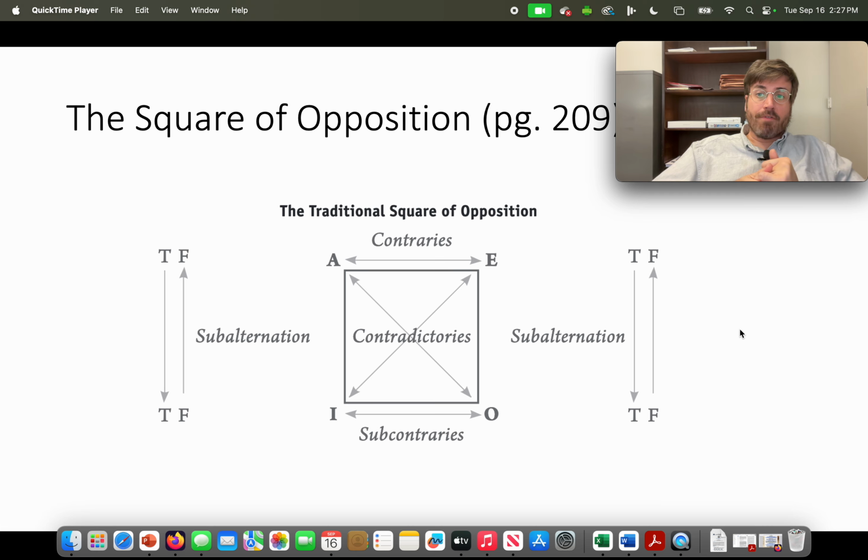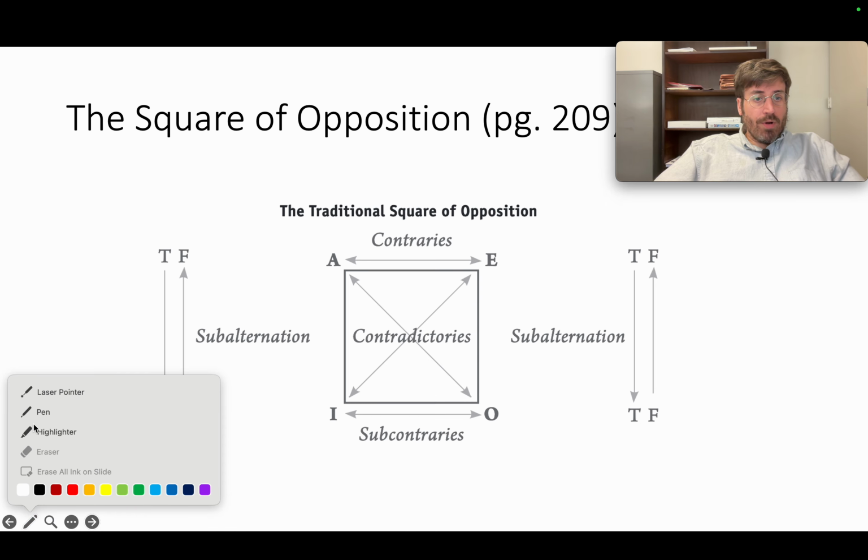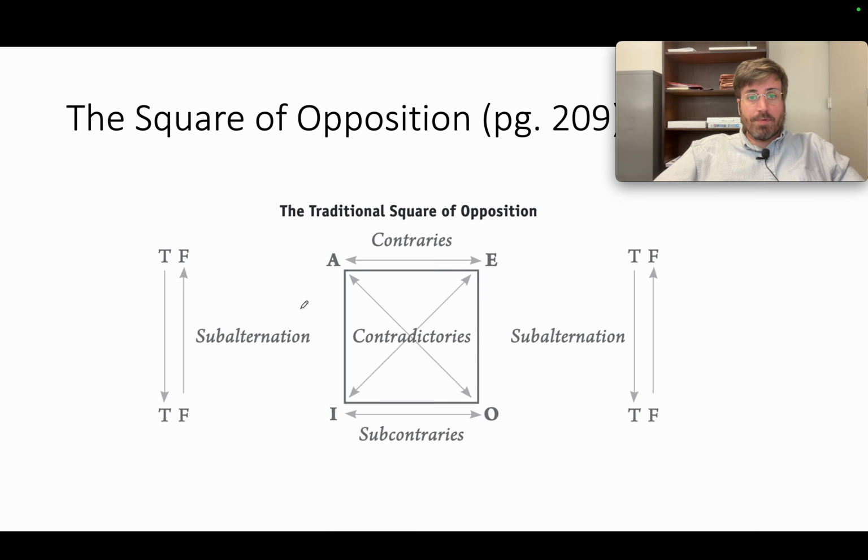So we now have our four categories of proposition: A, E, I, and O. As you now know, the A propositions, the universal propositions, occur at the top here, with our universal affirmatives and our universal negatives. At the bottom, we have our particular claims: some S are P for I, and some S are not P for O.